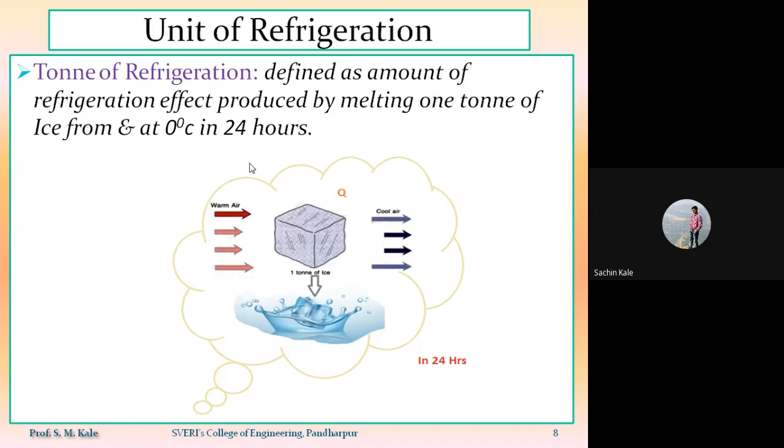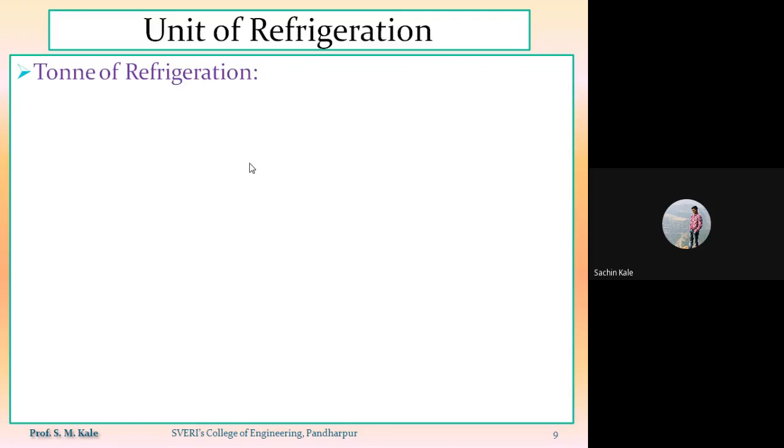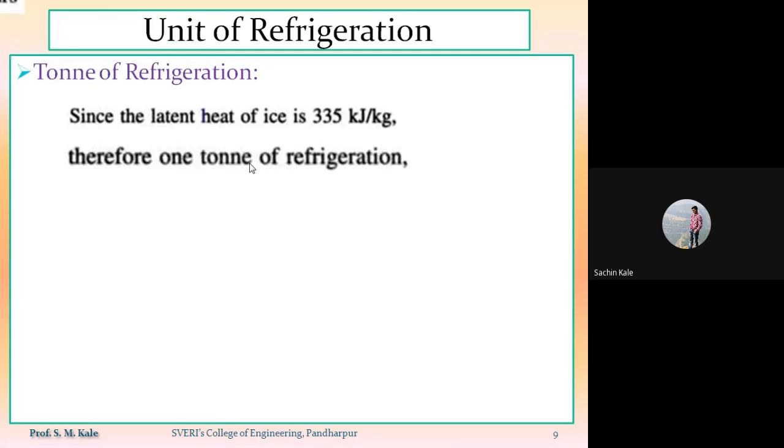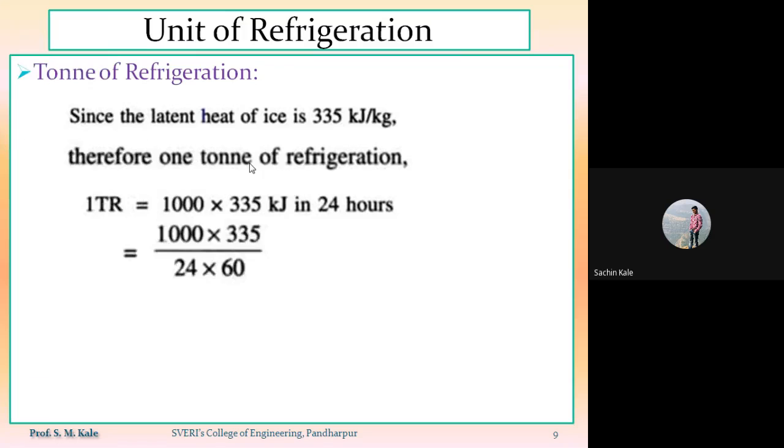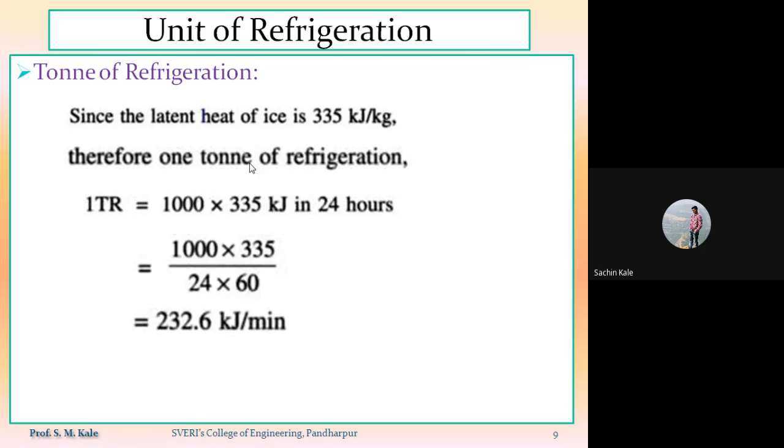So we have to always keep in mind that the ton of refrigeration is nothing but the measure of heat per unit time. For the conversion factor, we find the value of 1 ton of refrigeration, and for that purpose we take the latent heat of ice, that is 335 kilojoule per kg.